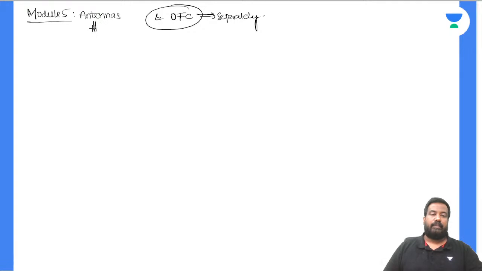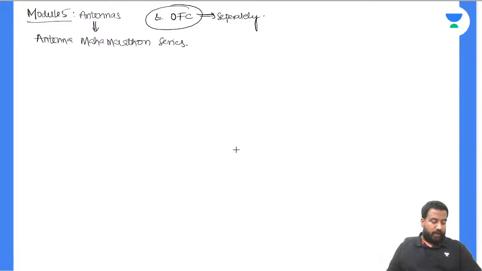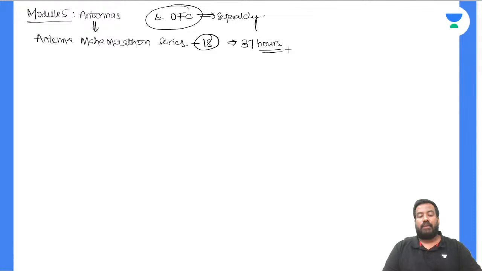Antennas I had covered in the series named Antennas Mahamarathon series, where we had covered 18 parts, around 37 hours of lecture, which covered complete antennas and wave propagation.